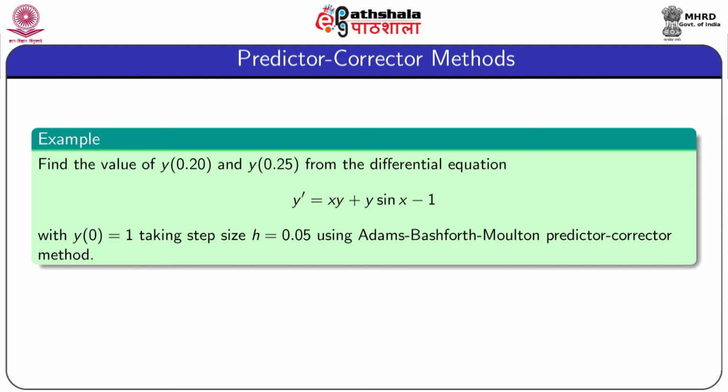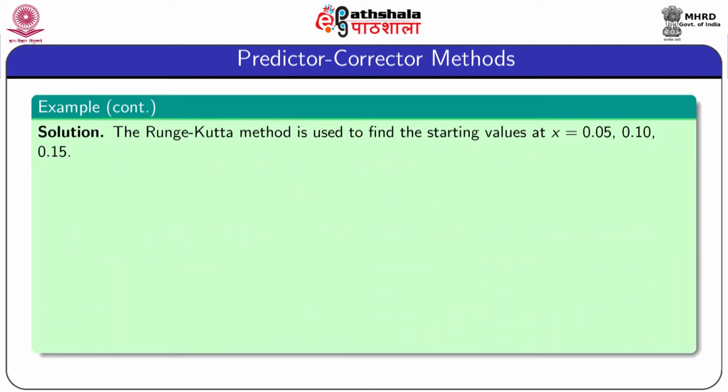We have to calculate the value of y at x equal to 0.20 and 0.25, so we calculate two values of y using the Adams-Bashforth-Moulton predictor-corrector method. To calculate the starting values, that means the values of y at x equal to 0.05, 0.10 and 0.15, we use the Runge-Kutta method.